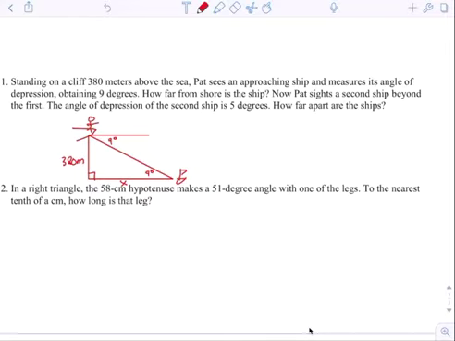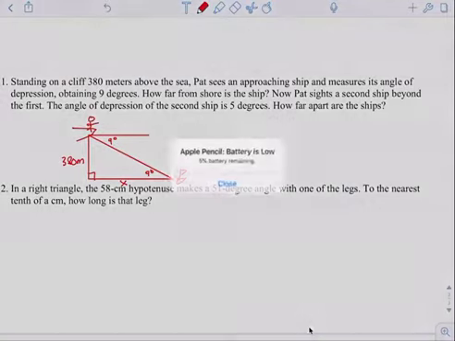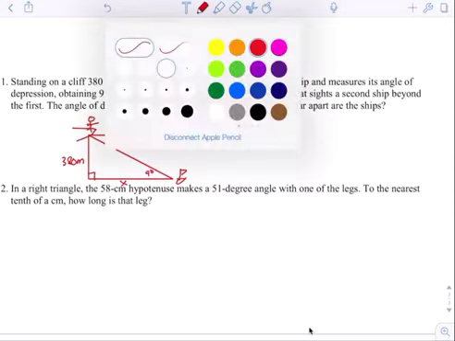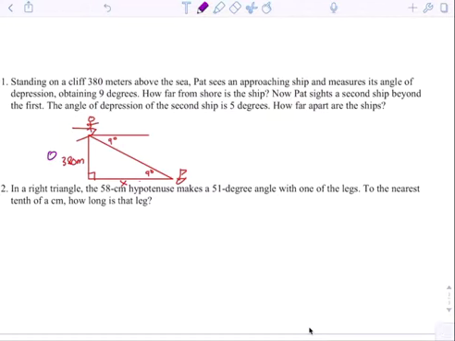Now Pat sights a second ship beyond the first. The angle of depression of the second ship is 5 degrees. How far apart are the ships? Okay, so this is very similar to the other one, but first let's find this one. So to solve for this x value, in the perspective of this angle, it's going to be opposite and adjacent, which means we're going to be using tan of 9.